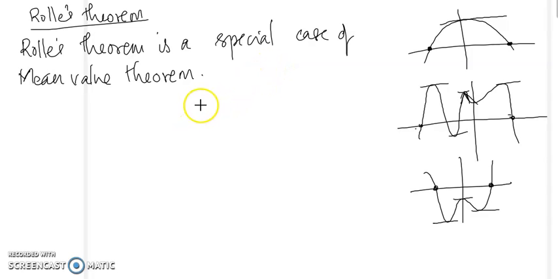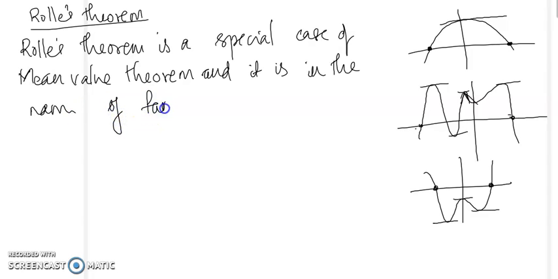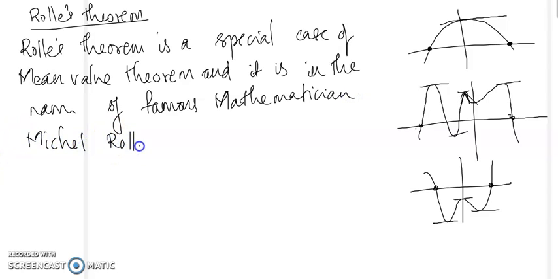Rolle's theorem is a special case of the mean value theorem, and it is in the name of the famous mathematician Michael Rolle. So the theorem is named after him.